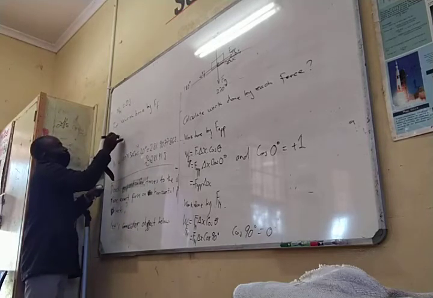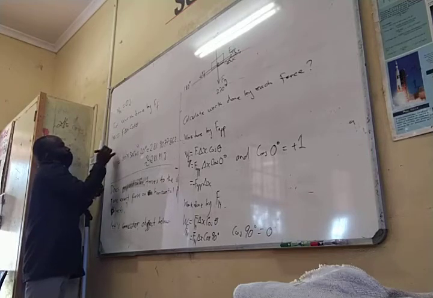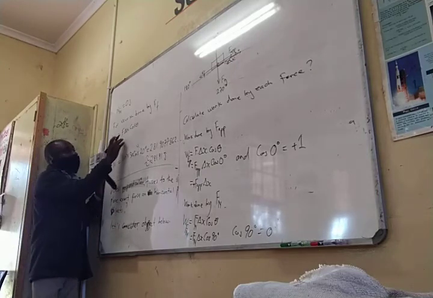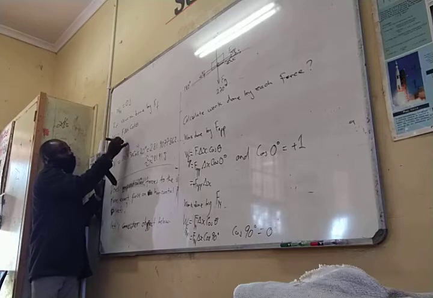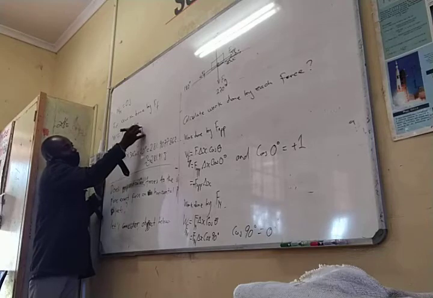Work equals F delta x cos theta. Here F is just F friction, then delta x, cos of 180.